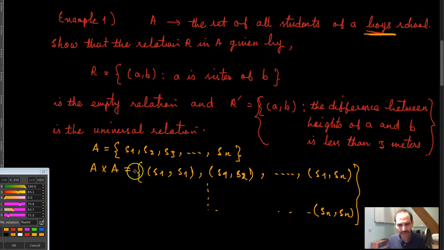That would be the Cartesian product of A and A.